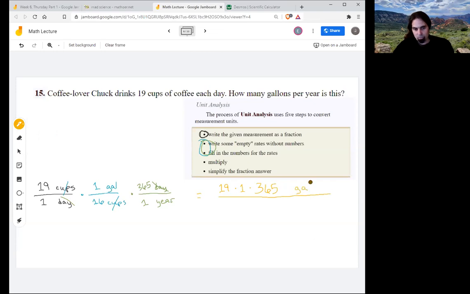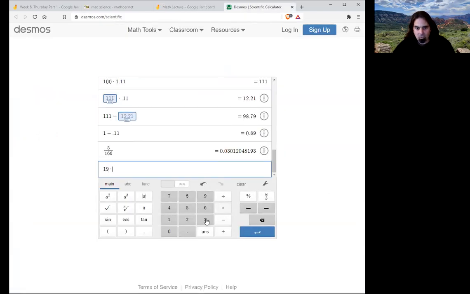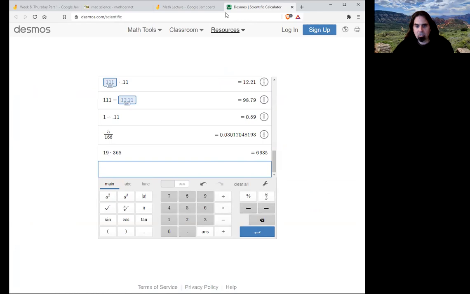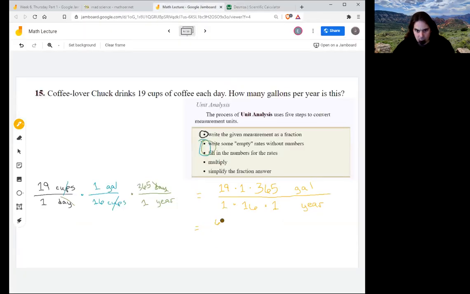And gallons was the only word left. On the bottom, 1 times 16 times 1. And the only thing left on the bottom of words was years. So 19 times 365 is 6935. And then my last step was simplify.